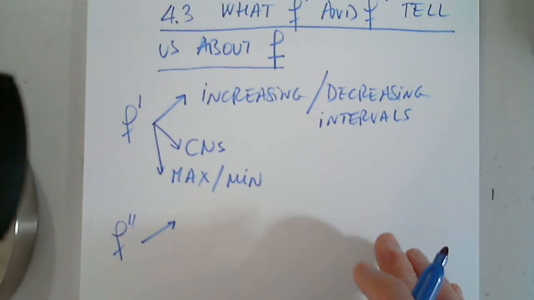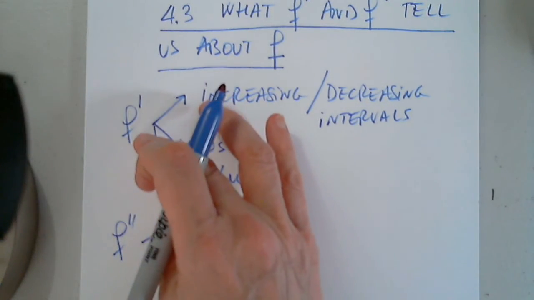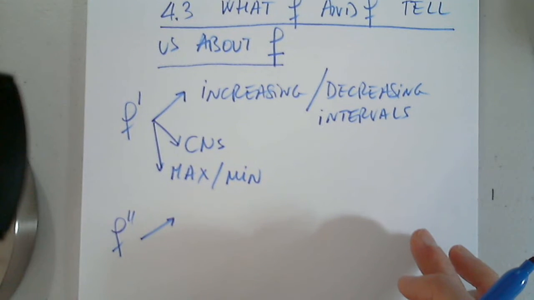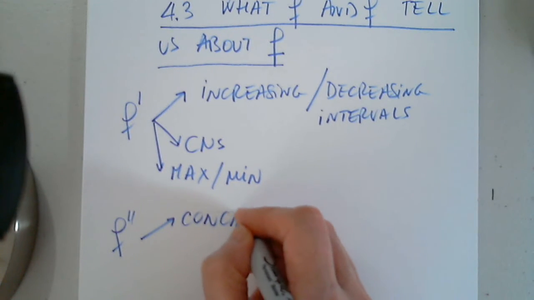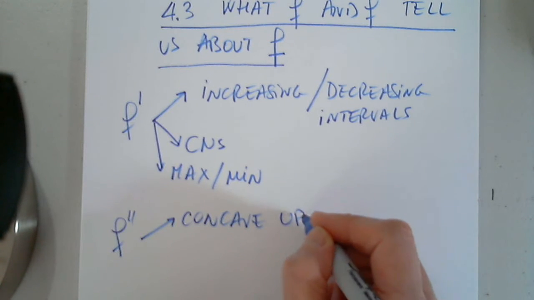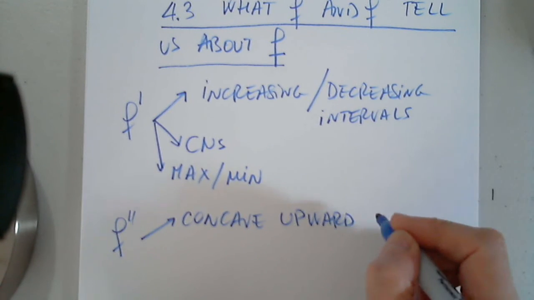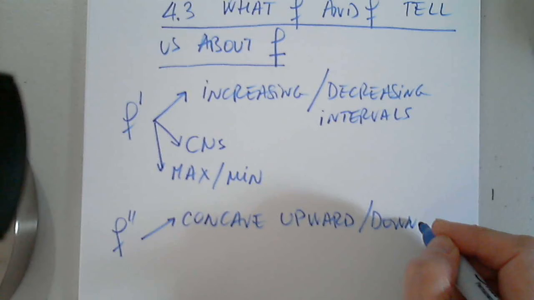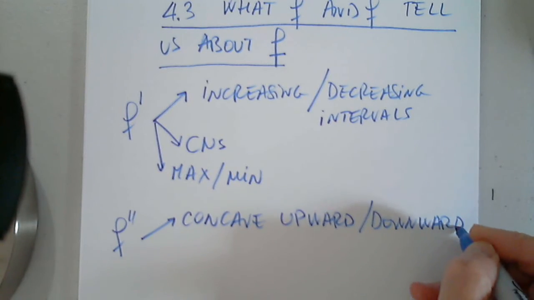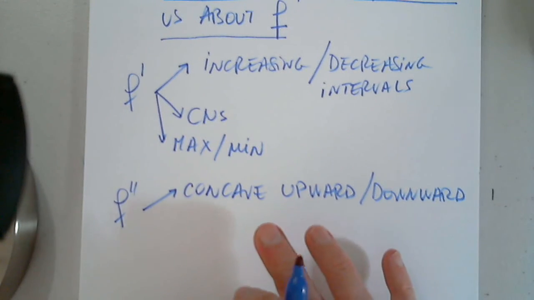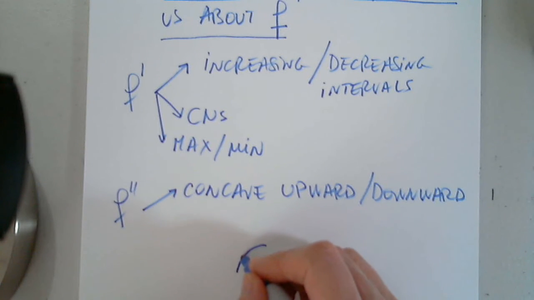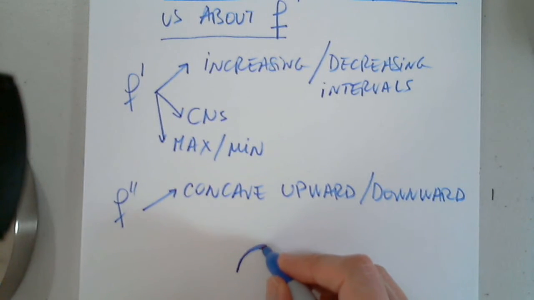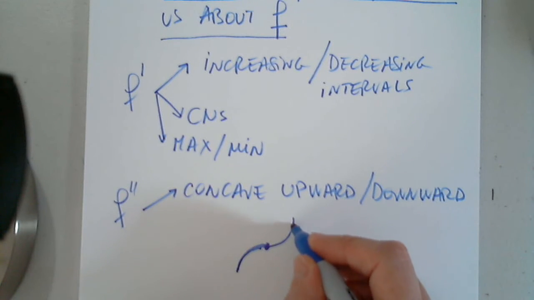The second derivative, which is the derivative of the first derivative, tells us when the function is concave upward or downward. What does that mean? So here is a situation in which the function is concave downward, and at this point it changes concavity.